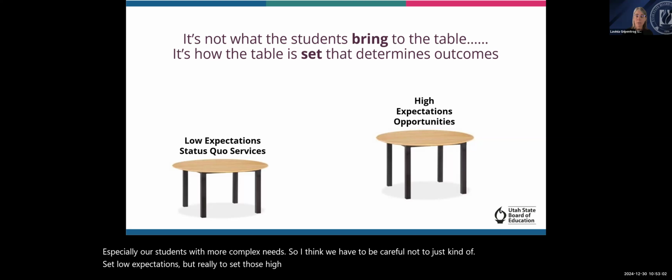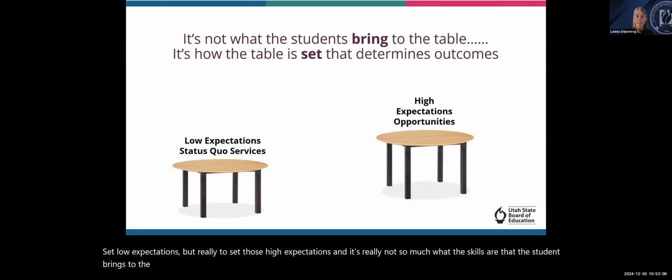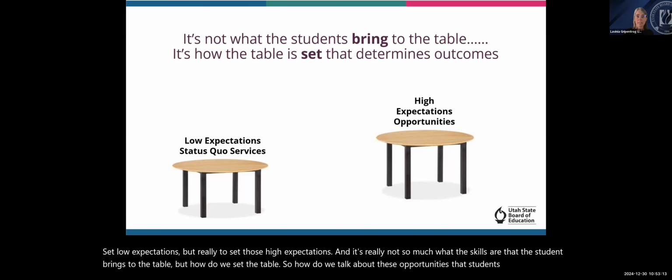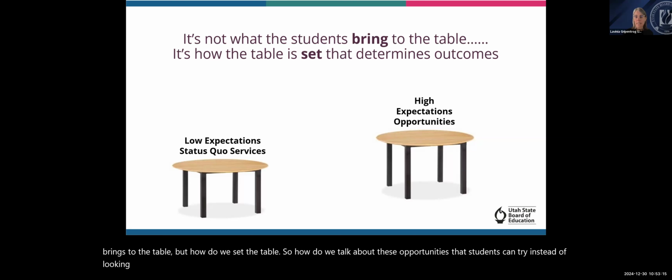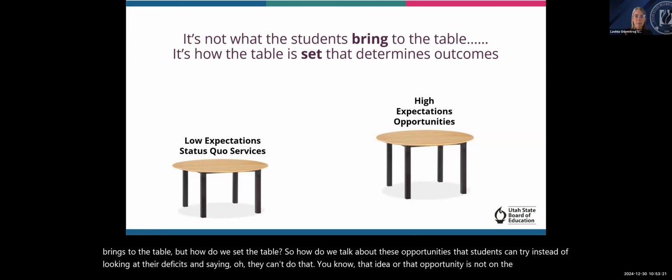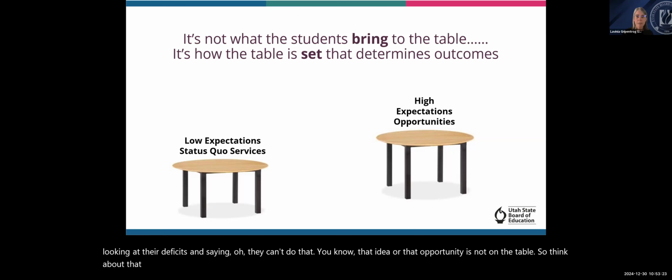And it's really not so much what skills the student brings to the table, but how do we set the table? How do we talk about these opportunities that students can try, instead of looking at their deficits and saying, oh, they can't do that, that opportunity is not on the table? So think about that. Especially as a special educator, you have a lot more power than maybe you think you do.